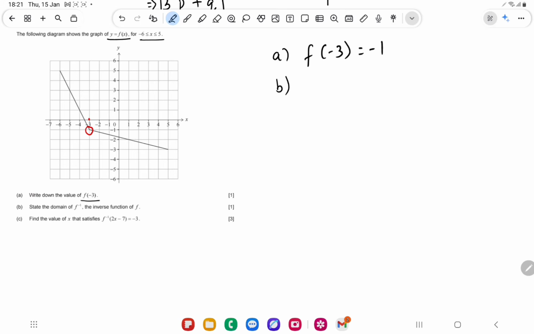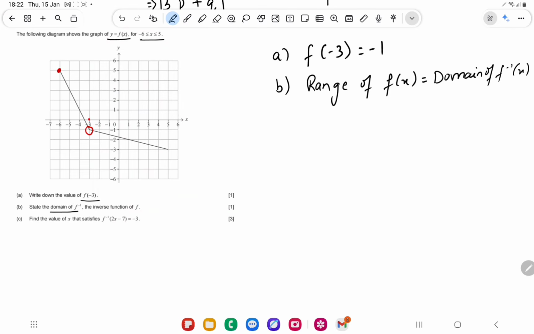Now for the B part, it says state the domain of f inverse, where f inverse is the inverse of the function. So before finding the domain of f inverse, we have to remember that range of f(x) is domain of f inverse of x. That we have to keep in mind. So now in the question, range of f(x) is what comes on my y-axis, y values.